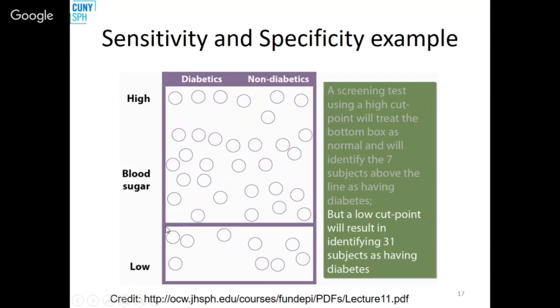At the low threshold, we called a lot of people diabetic. So this is a basic trade-off that developers of diagnostic tests have to make. And they're going to make it somehow based on the relative costs of false negatives and false positives.